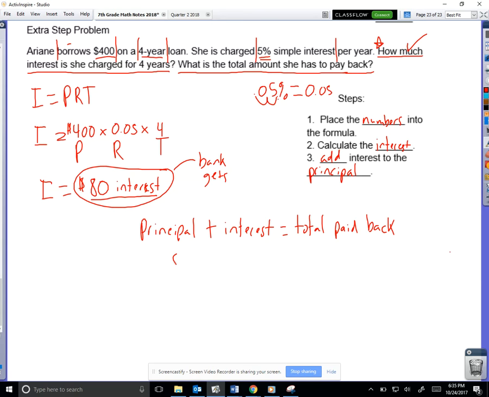Because she has to pay back the $400. She owes that money. She borrowed that money. She has to give it back. Plus, she has to pay the interest. That's the amount that the bank's going to make for letting Arain borrow the $400. So the total amount that she's going to pay once she's done is $480.